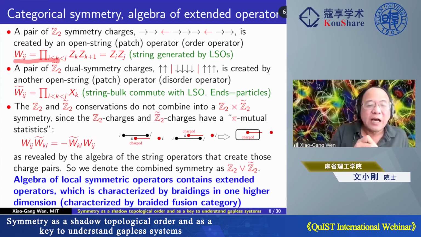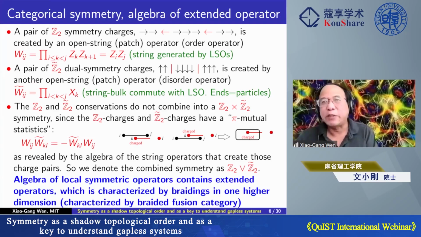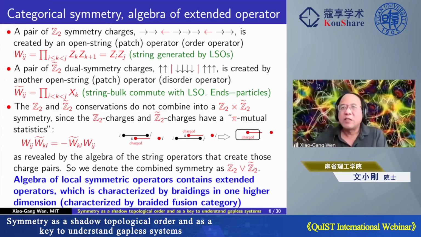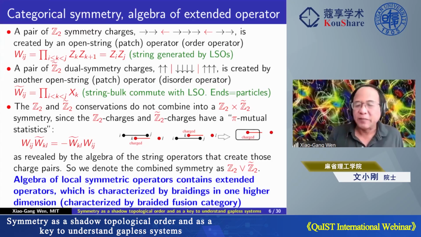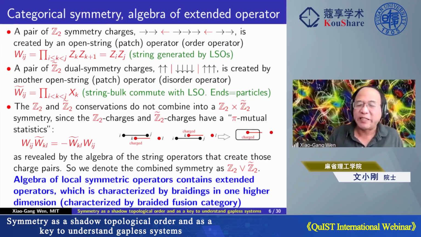Then the algebra of extended operators can be non-trivial. Actually, the algebra of extended operators encodes a braided fusion category. So we are trying to say that the algebra of local symmetric operators encodes the braided fusion category, and this may be one way to see that symmetry and topological order may be related.